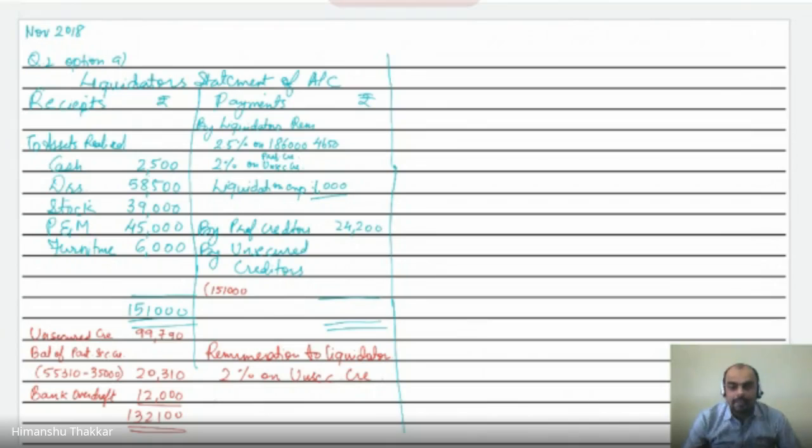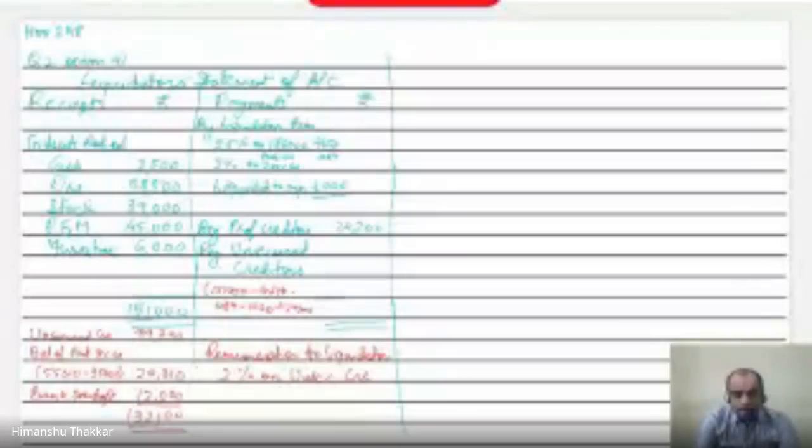Generally, as per the order, we pay debenture holders after preferential creditors, but in this example we have not done that, because no debentures are given.